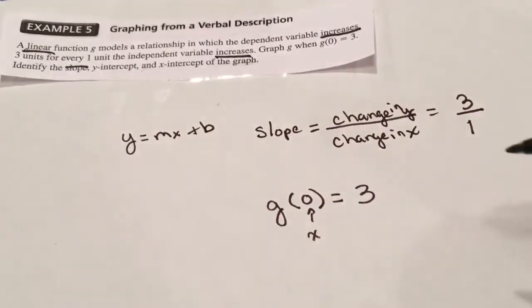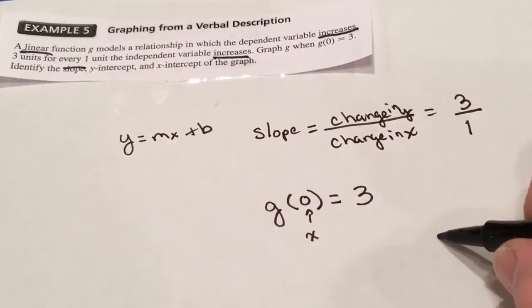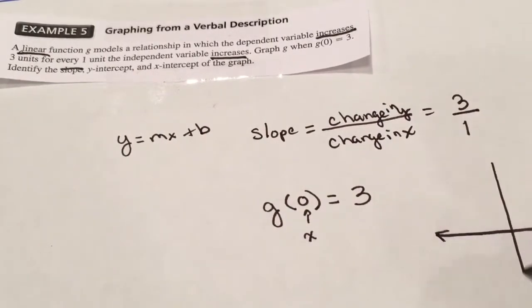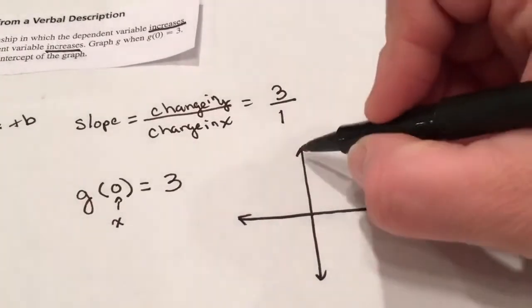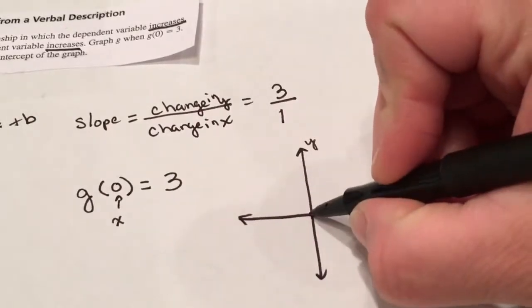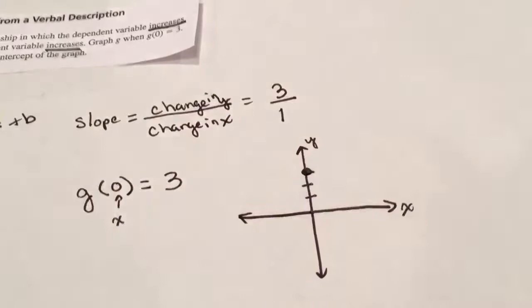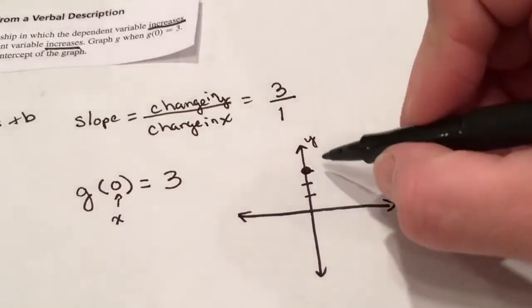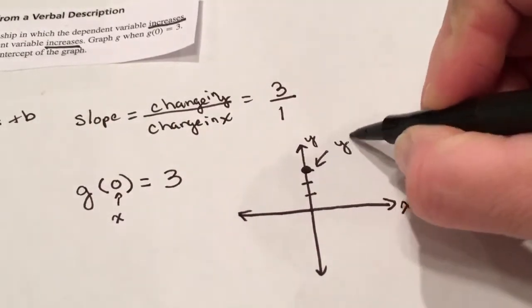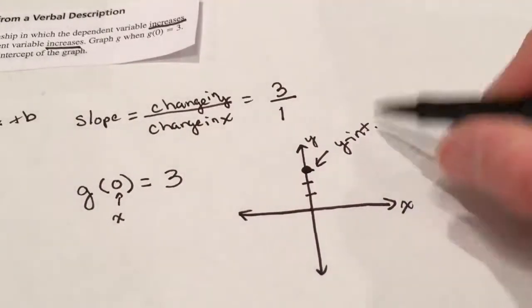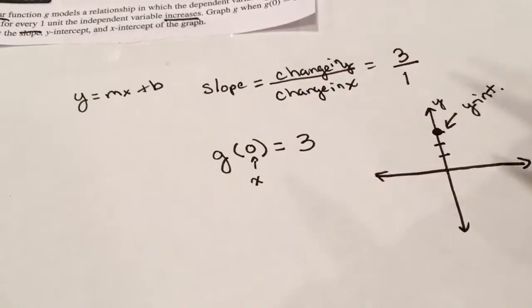In other words, on a graph, if my x term is equal to 0, and it's saying it's 3, well, that right there is my y-intercept. Okay, so that's my y-intercept. My y-intercept for this problem is 3.